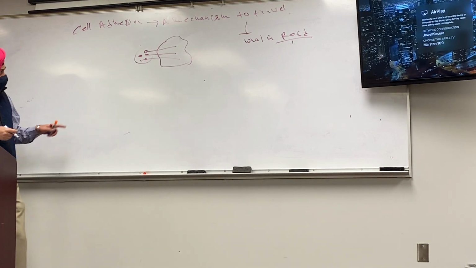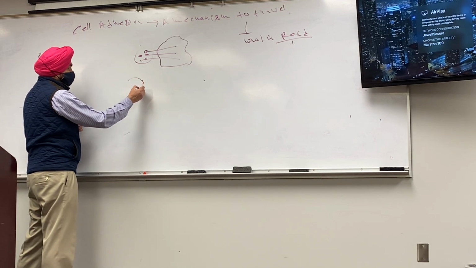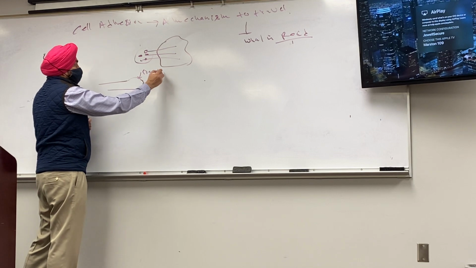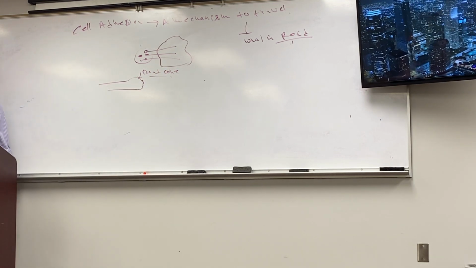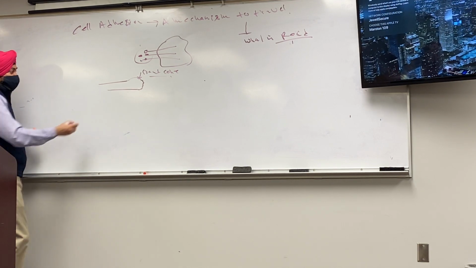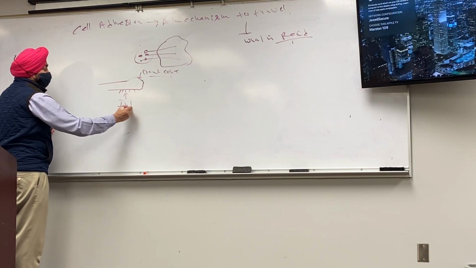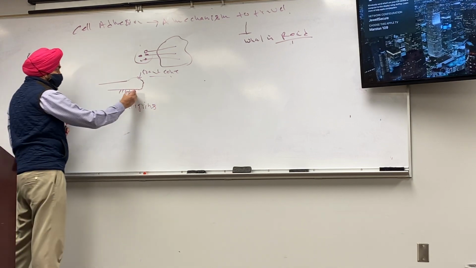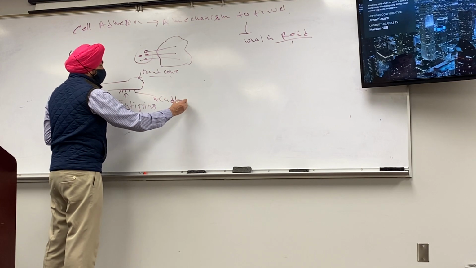So what happens is that these axons, for example, if this is your growth cone, and these axons actually show some proteins on the cell surface. So right here, you will have some integrins, and you will have neuronal N-cadherins.